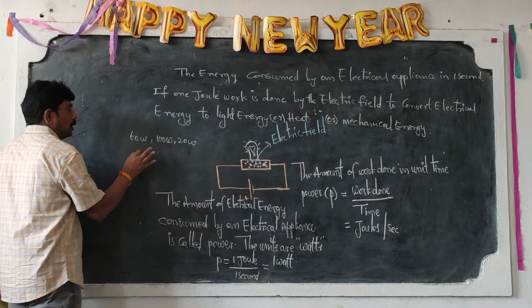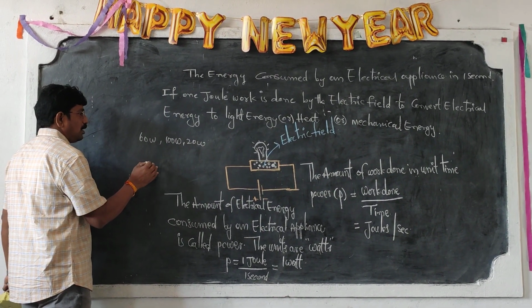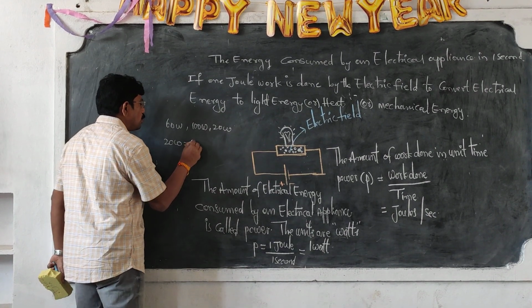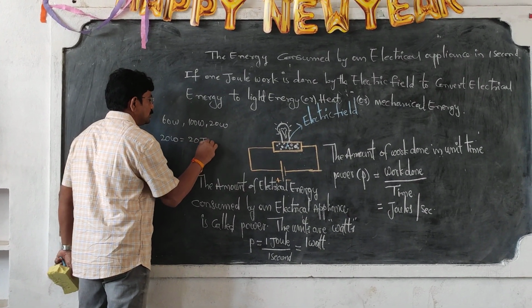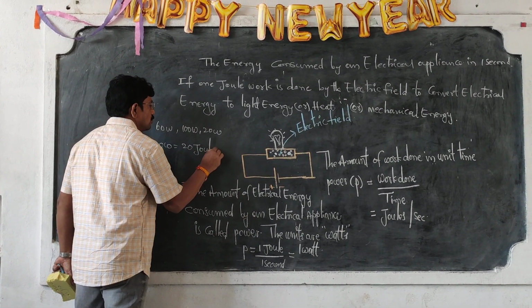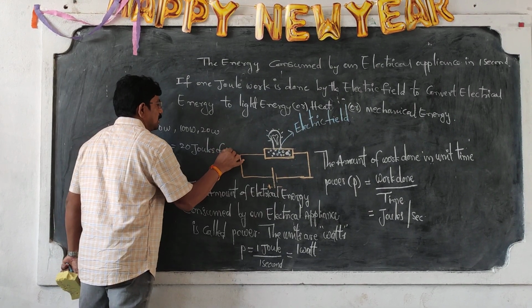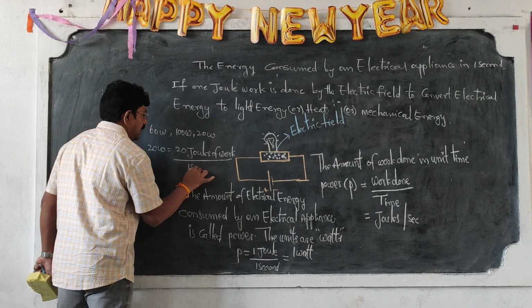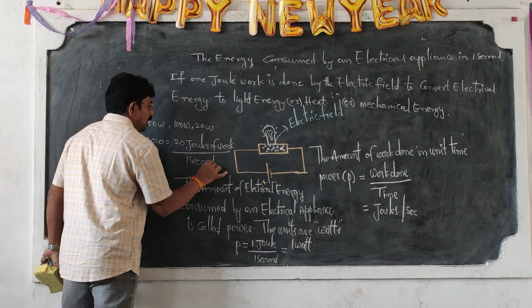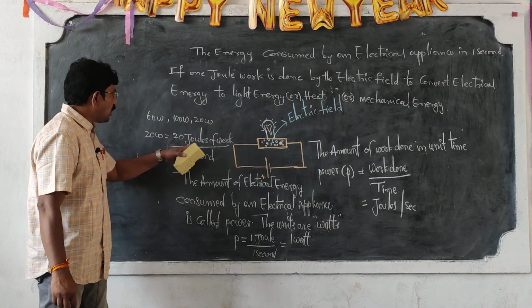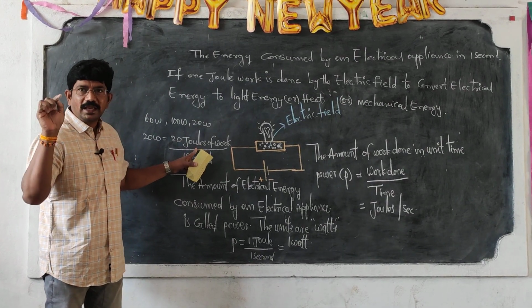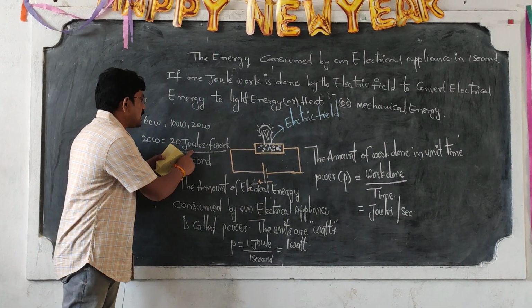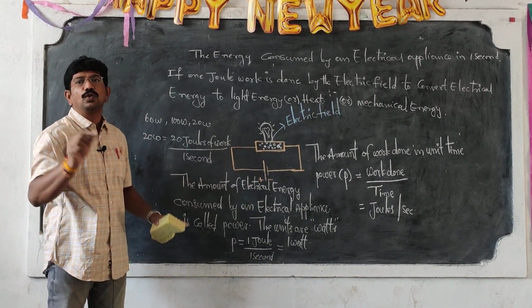For example, 20 watts, how much? 20 joules of work is done in 1 second. What is this work done for? This work is done to convert electrical energy to light energy.